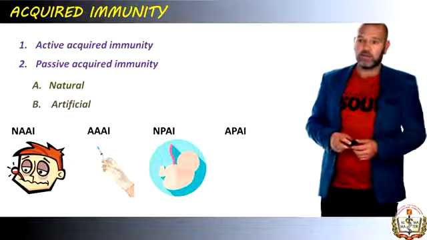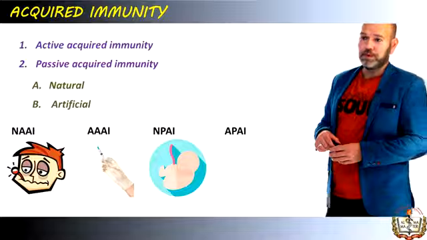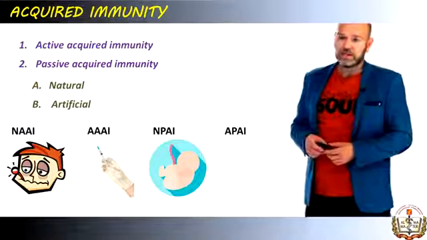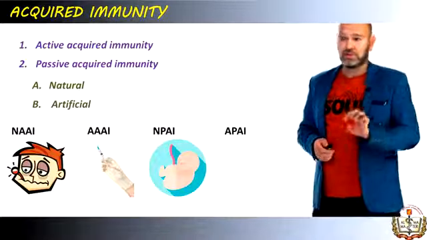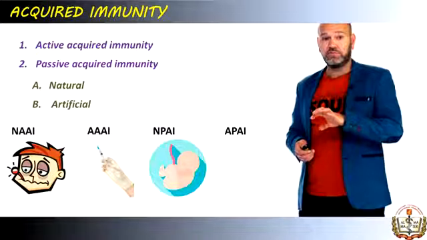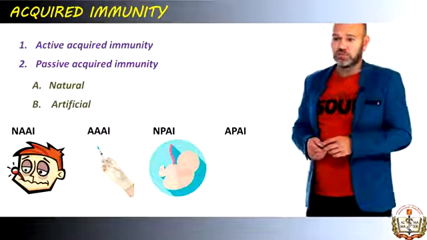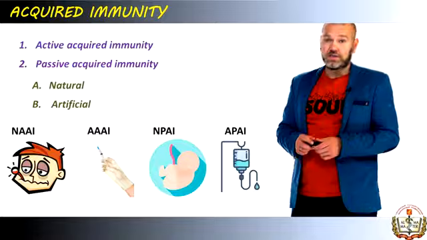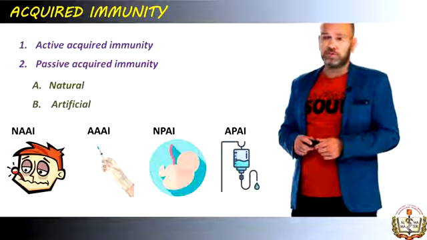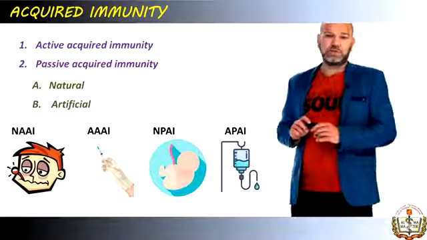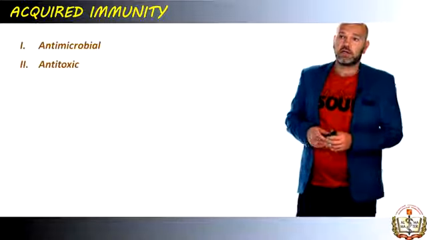And the last type of immunity is artificial passive acquired immunity. Again, I said that artificial is always related to the doctor, but if it is passive acquired immunity, artificial, then of course we're talking about infusions of serum, immune serum or immunoglobulins. Later, again, I will describe it in a more detailed manner.